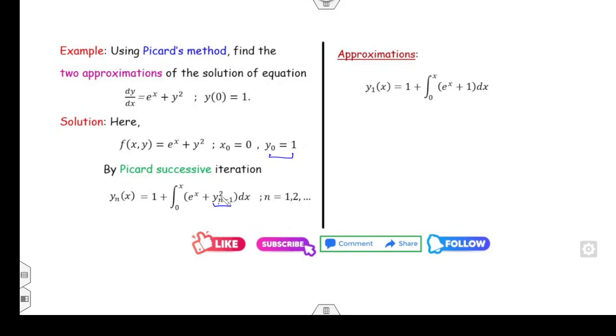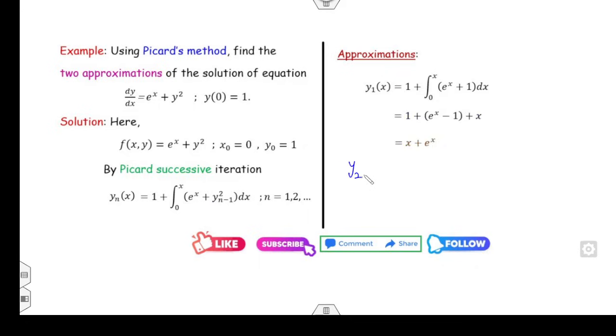It's 0 square. 1 square is 1. What is the integration? 1 plus e raised to power x is e raised to power x plus x from 0 to x. That value will be 1 upper limit minus e raised to power 0 is 1. So 1 and 1 will be cancelled. It is x plus e raised to power x, the first approximation.